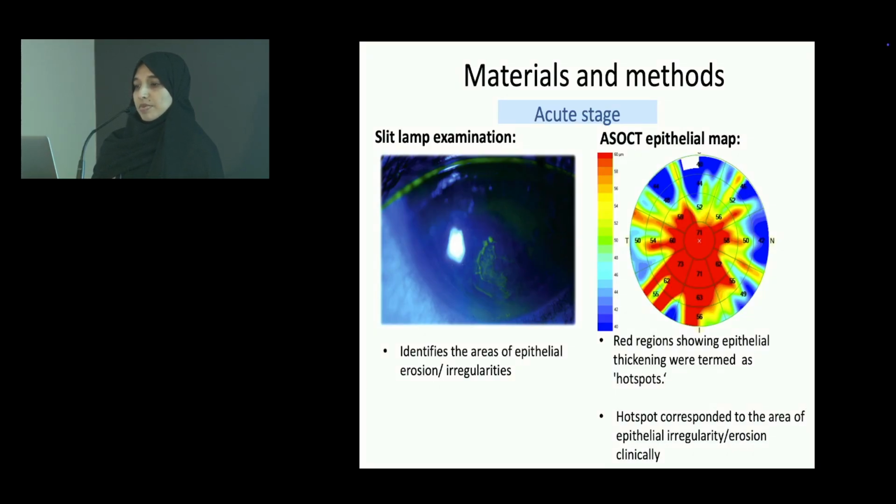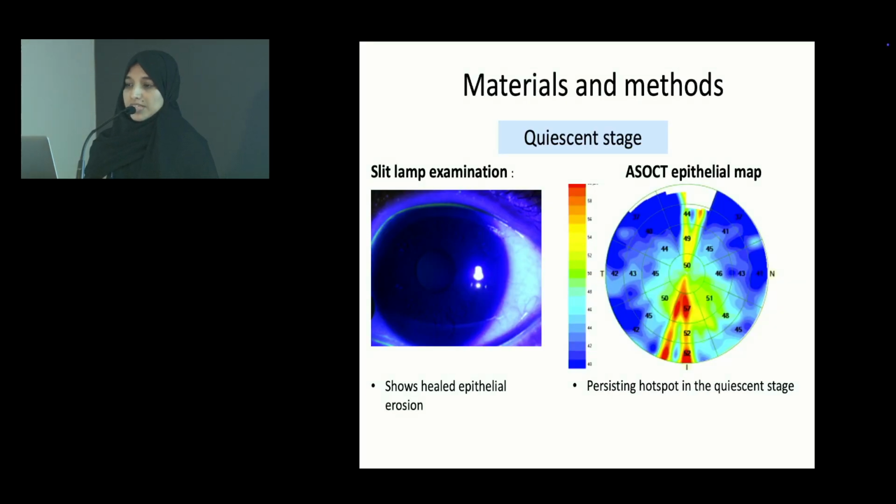The slit lamp examination shows areas of epithelial erosion, and the same-day ASOCT epithelial map shows red regions termed hotspots, which are epithelial thickening, corresponding to the area of epithelial irregularity. When the same patient came after 2 weeks of medication, we can see a healed epithelial erosion on slit lamp examination, and the repeat ASOCT epithelial map shows a persisting hotspot.